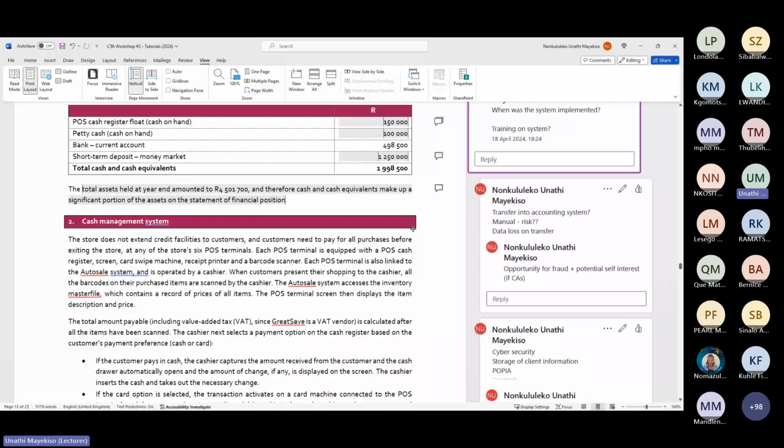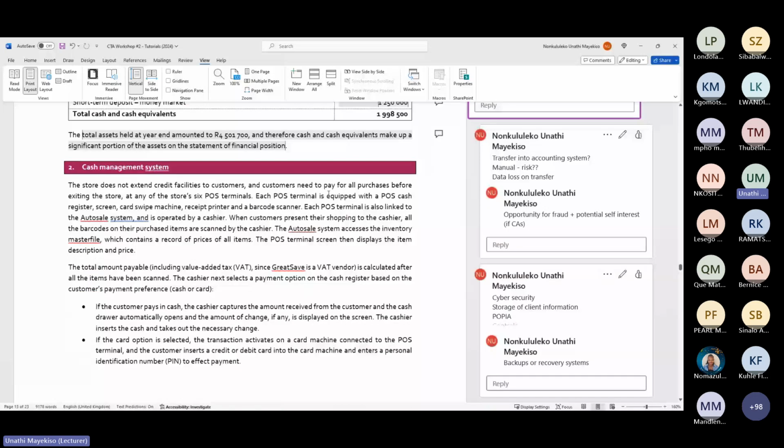Then they say each point of sales terminal is equipped with a point of sales cash register, a screen, a card swipe machine, a receipt printer, and a barcode scanner. Each terminal is also linked to the auto sales system and is operated by a cashier. When customers present their shopping, all the barcodes on the purchased items are scanned by the cashier.